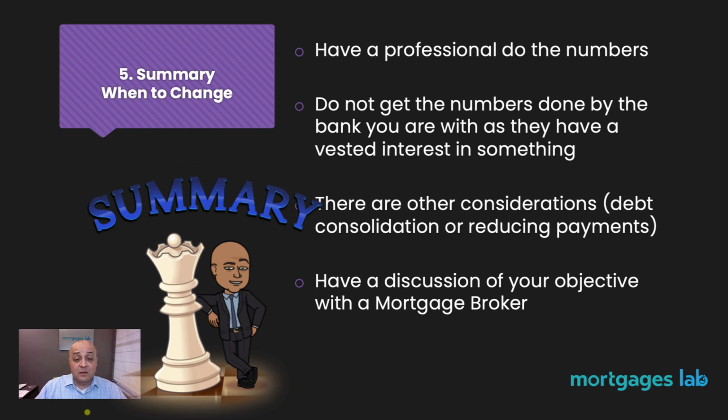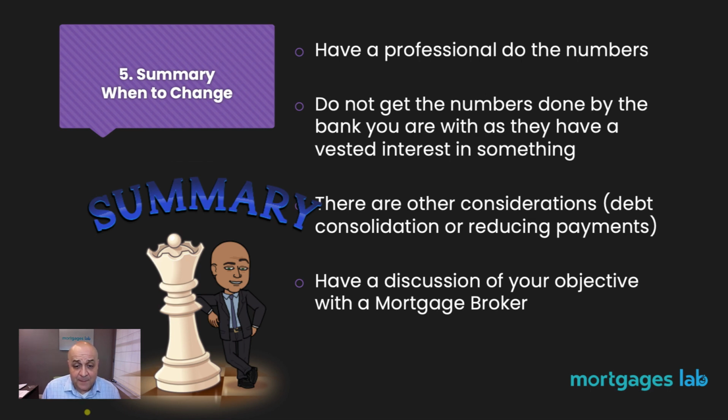Now, in my opinion, do not get the numbers done by the bank, as they have a vested interest in something, which is their own business, which is making money from interest. Okay, so I've seen numbers done by the bank, and I explain to clients they don't make sense. So get the numbers done by an independent third party, not your own bank.